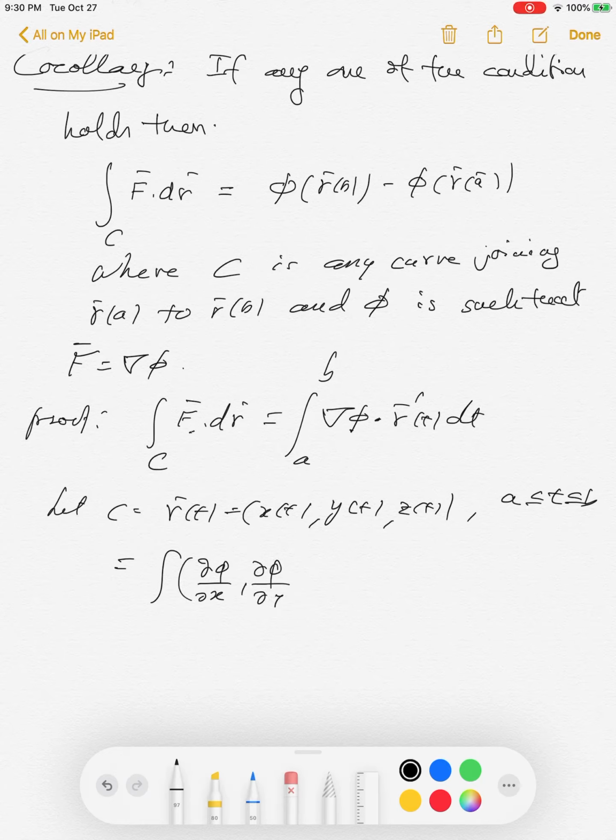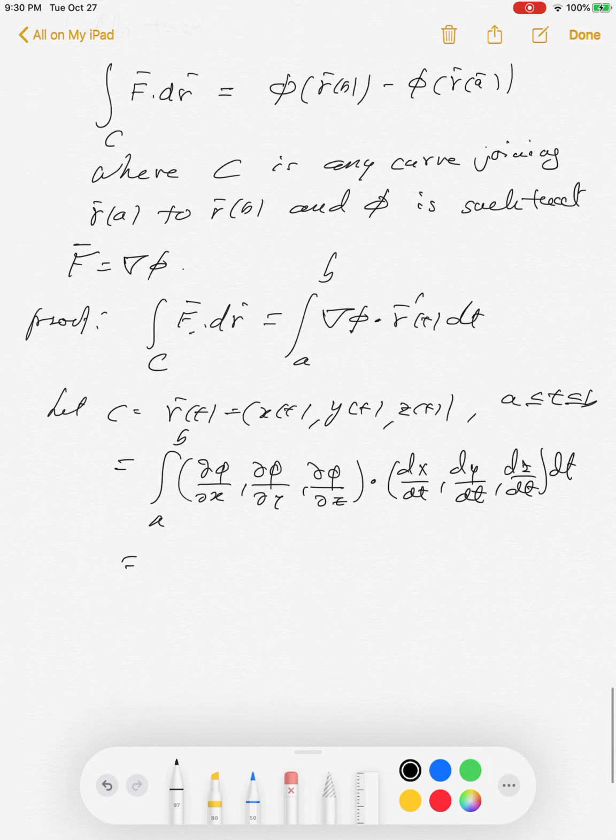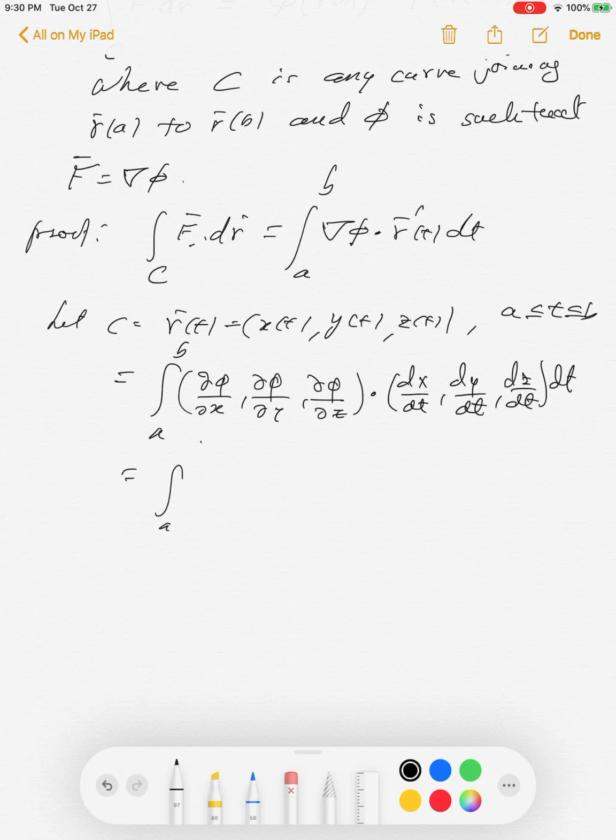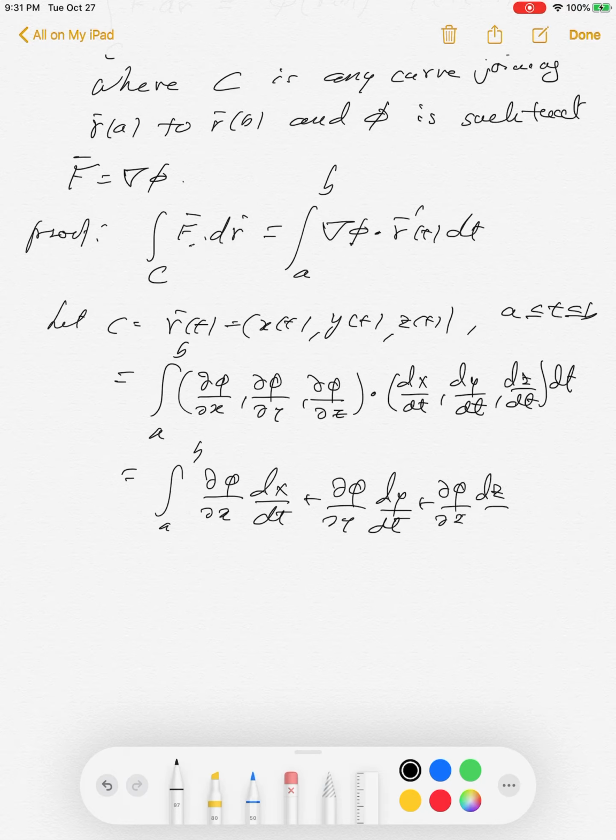But this is exactly the same as the integral of the vector d phi dx comma d phi dy comma d phi dz, dot product with dx dt comma dy dt comma dz dt, dt from a to b. If you take the dot product, what you get is d phi dx dx dt plus d phi dy dy dt plus d phi dz dz dt.